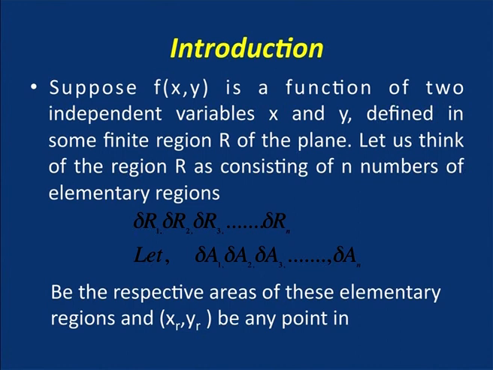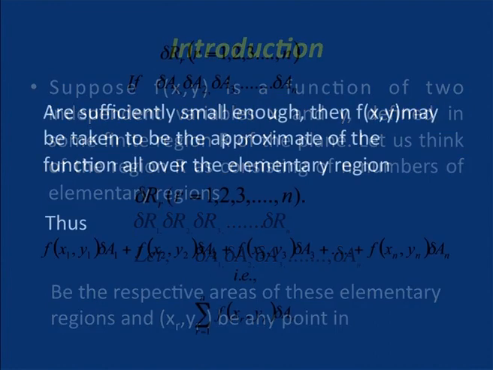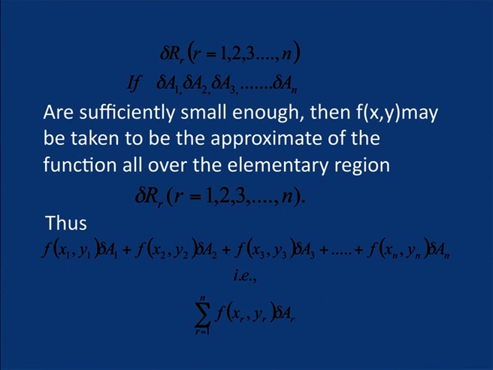Let delta A1, delta A2, delta A3 and so on up to delta An be the respective areas of these elementary regions, and (xr, yr) be any point in the region delta Rr, r is 1, 2, 3 and up to n.